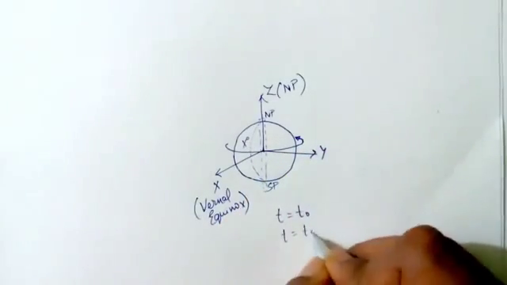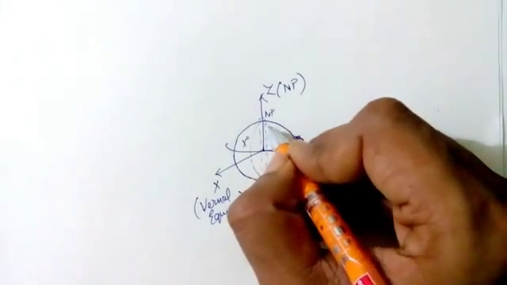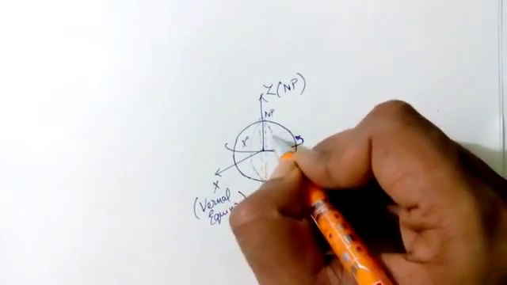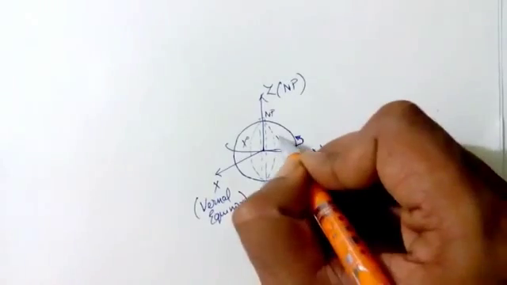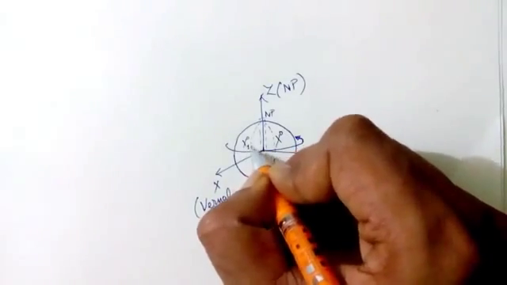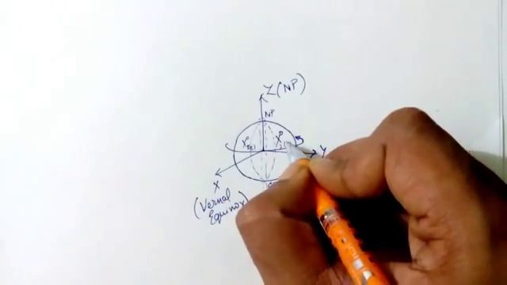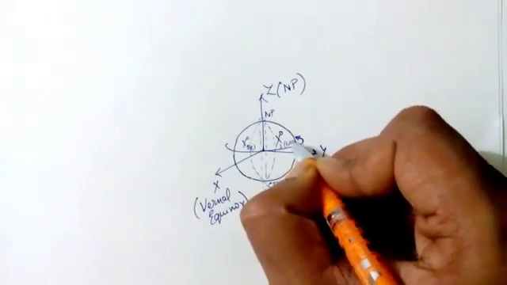At time equals t0 plus delta t, the position of x degree longitude won't be here, it will be somewhere over here. Suppose this is position 1 at time t0, then this will be position 2 at time t0 plus delta t.